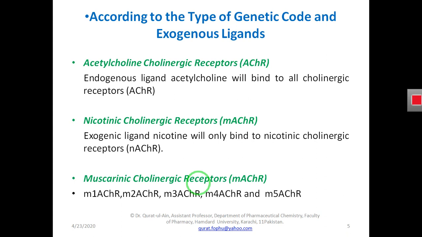A ligand is a molecule that, when it binds with a receptor, transfers the exogenous signal via the receptor to the inside of the cell. So these neurotransmitters are the endogenous ligands that I have already explained, the acetylcholine neurotransmitter and the adrenaline or noradrenaline neurotransmitter.